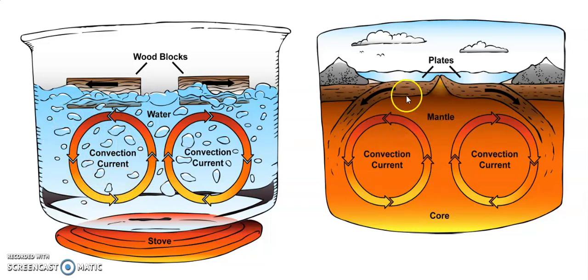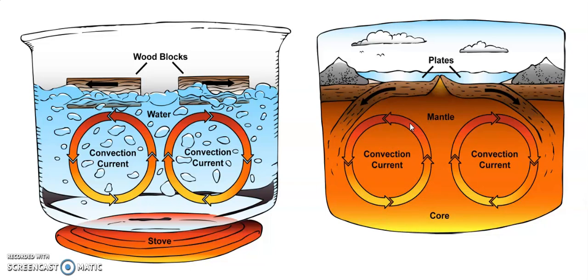The same thing happens with the mantle. Molten rocks and other materials that are close to the core of the earth warm up. And when they warm up, they expand and they float to the top of the mantle. But at the top of the mantle, they cool down. So they contract and they drop back down to the bottom. And the cycle repeats itself over and over and over.